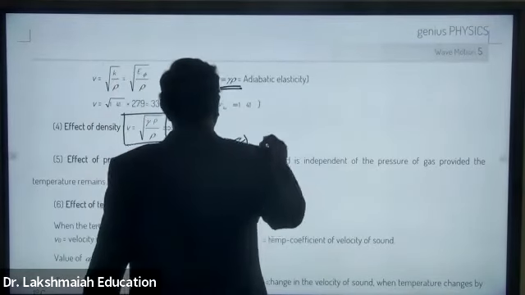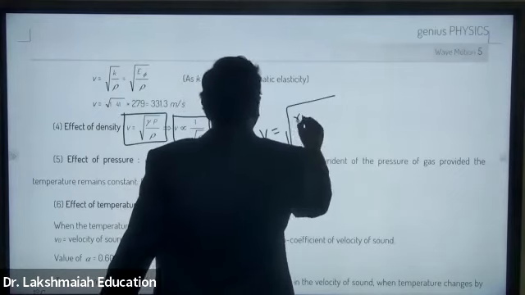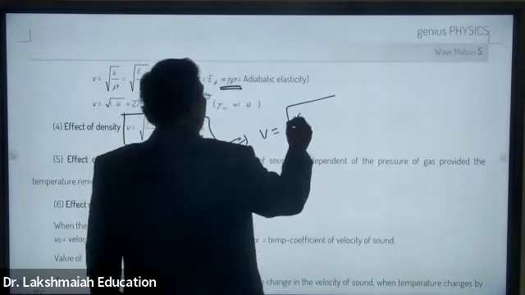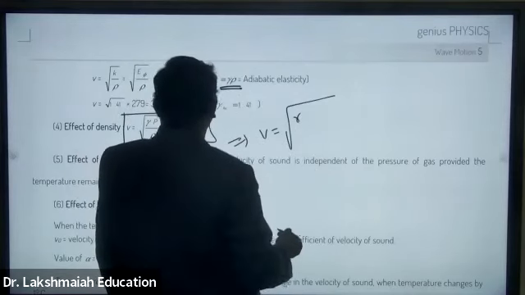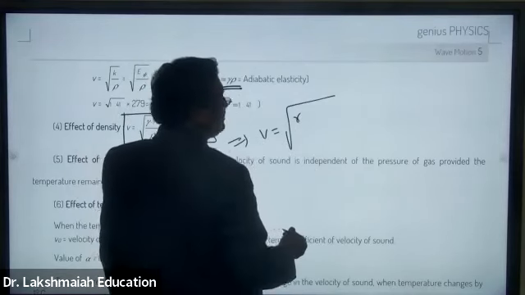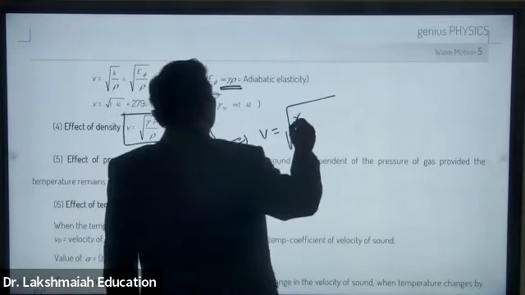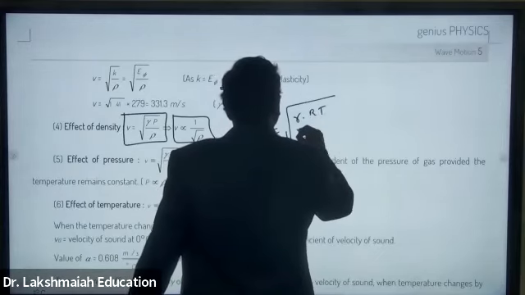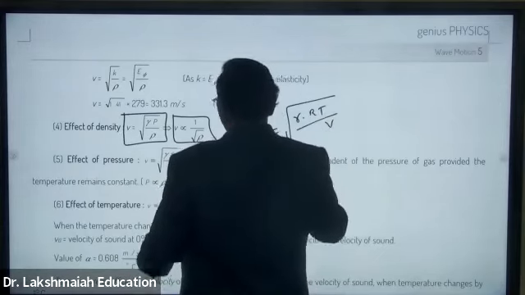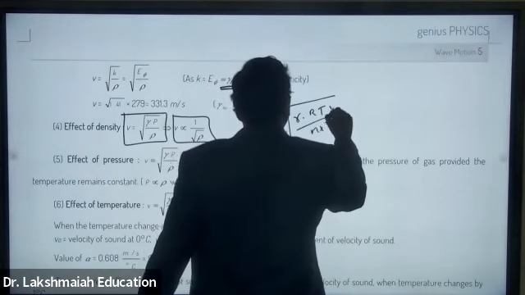How he has written it, see. V is equal to root over gamma into, instead of P, PV is equal to nRT, no? So PV is equal to nRT means P is equal to RT by V for 1 mole. So gamma into RT by V into density, which is mass per volume.